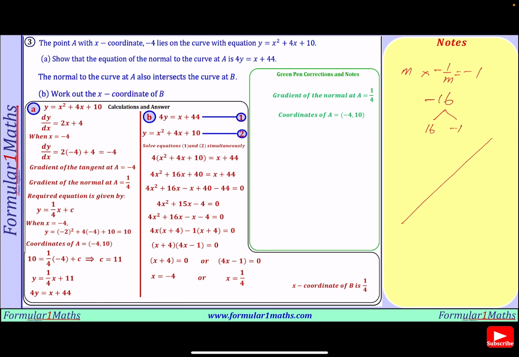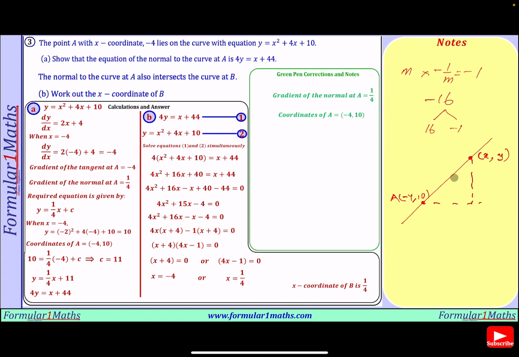Just want to illustrate the method. If I put a general point here and call it (x, y), and put the coordinates of A here, (-4, 10), I have now got these 2 points. I can draw a line here like that and another one here like that.